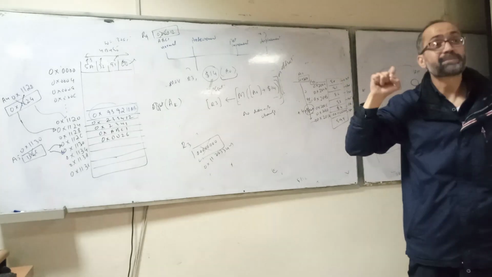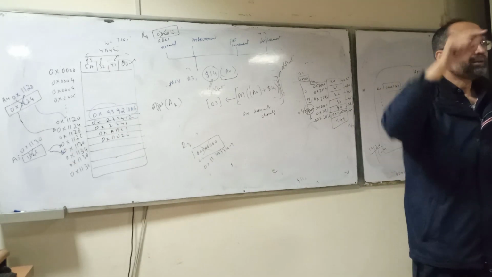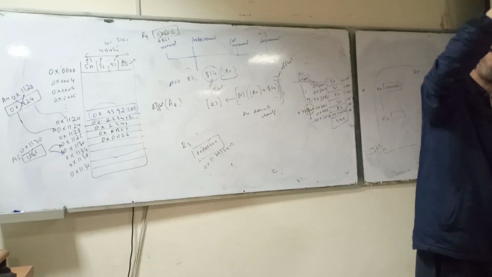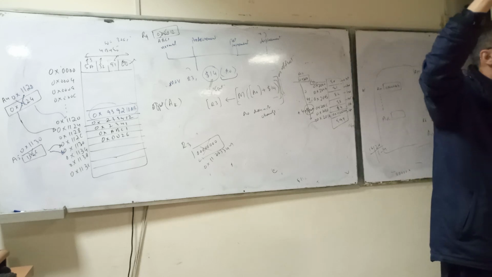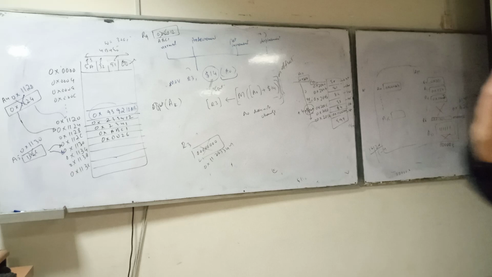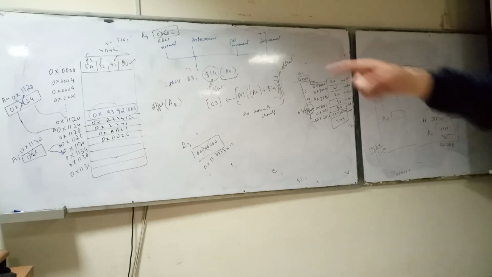And in register indirect with displacement, the address register does not change. The contents of the address register are added with the offset value to find the effective address. That memory location will be accessed, but the address register is not changed. A0 will still be 0x2000.